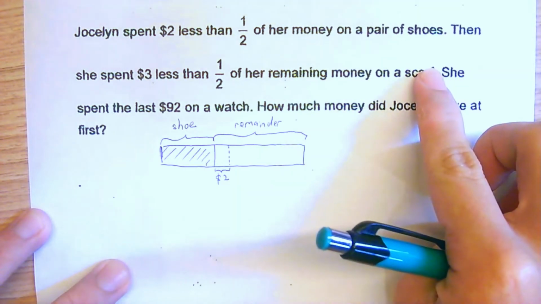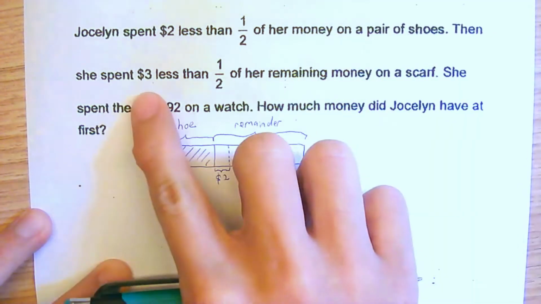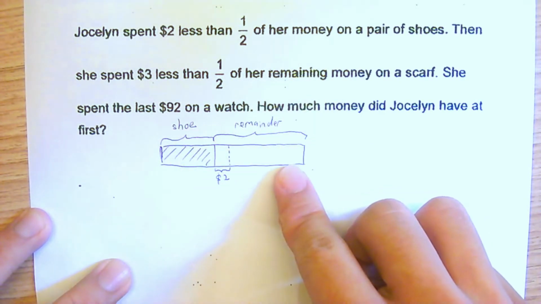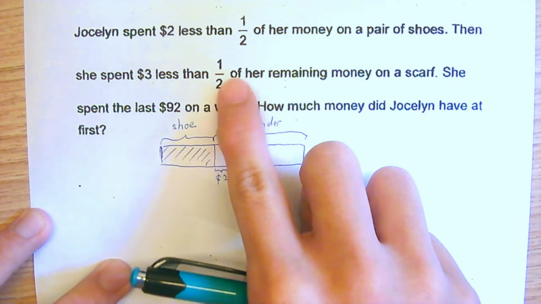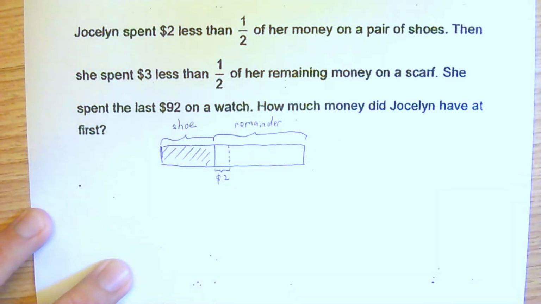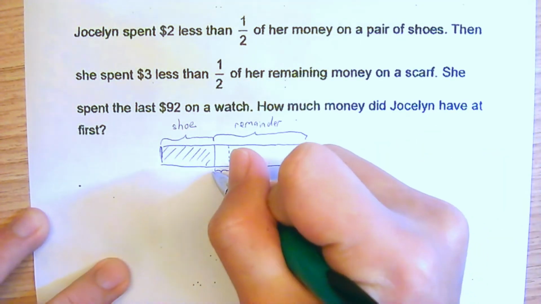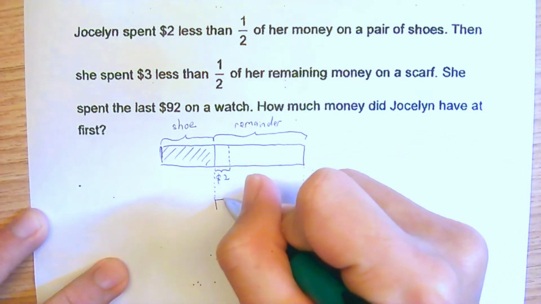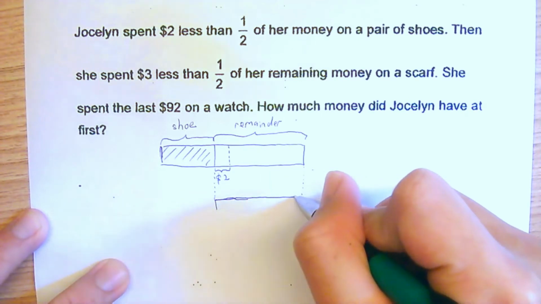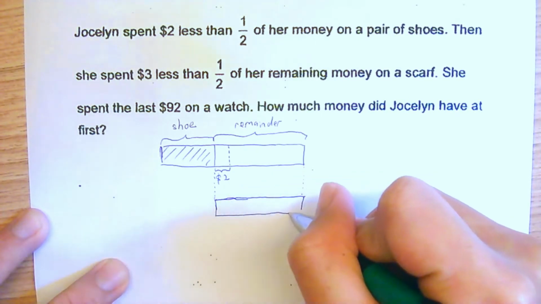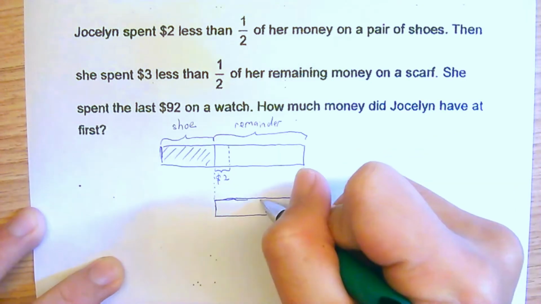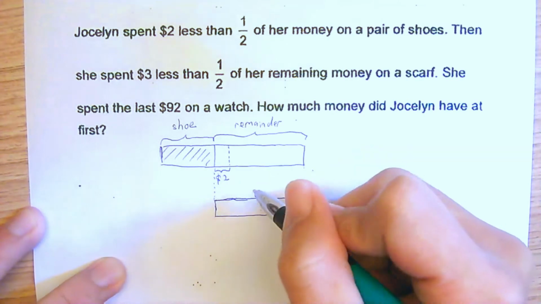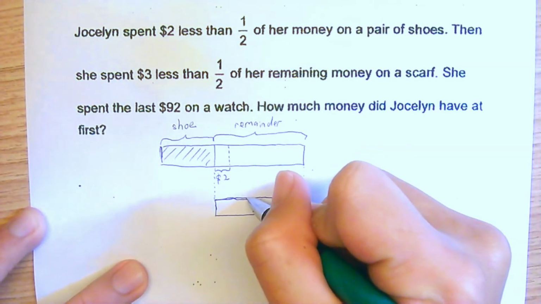Then it's mentioned that she spent $3 less than half of her remaining money. So this is her remaining money, and she spent $3 less than half of it. This is a bit tricky, so I'm going to extract this model out. Half the remaining money will be this, and then she spent $3 less than half, so I'm going to call this $3.